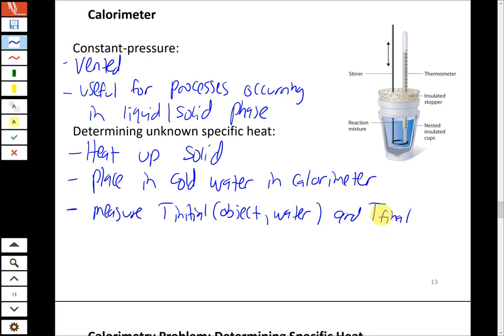All right, and so then you treat your solid as the system and the water as the surroundings, or vice versa, and heat is transferred between the two. In magnitude they're the same, but in sign they're different. So the heat for the solid is equal and opposite to the heat for the water.